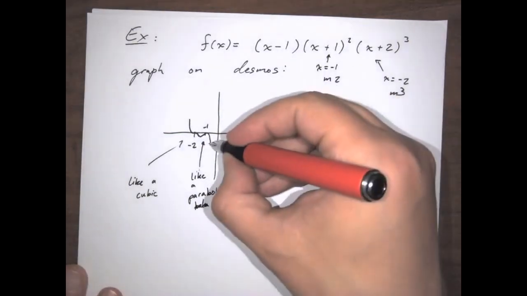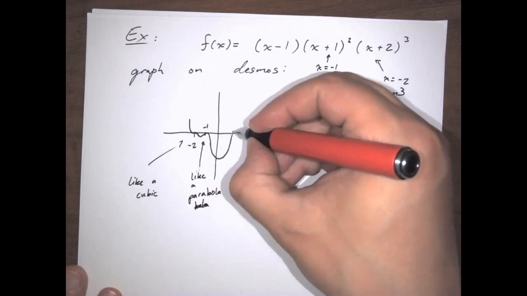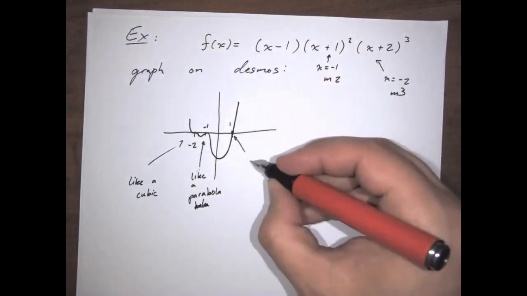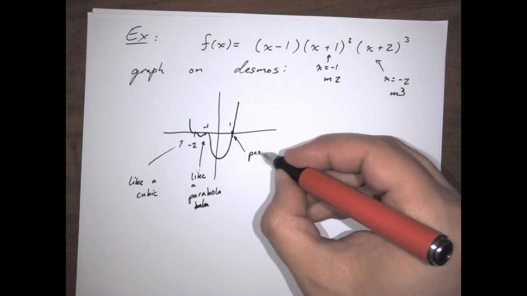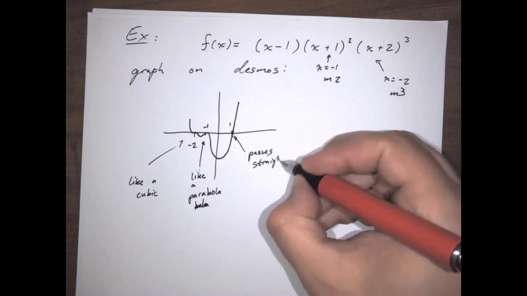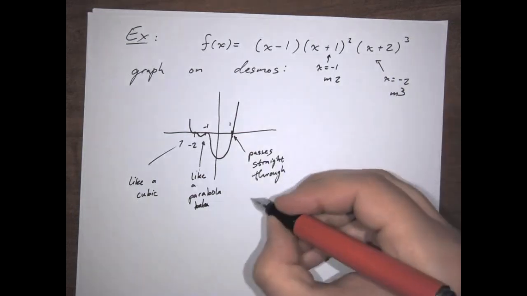And then it goes down, and then it goes up very steeply through this point at x equals 1, but it passes through. Passes straight through.